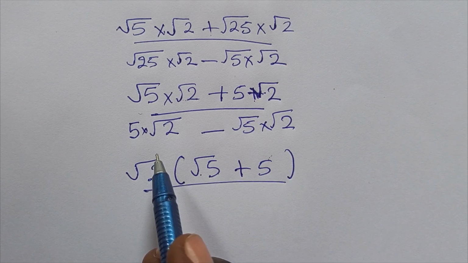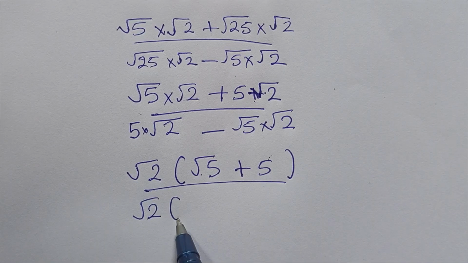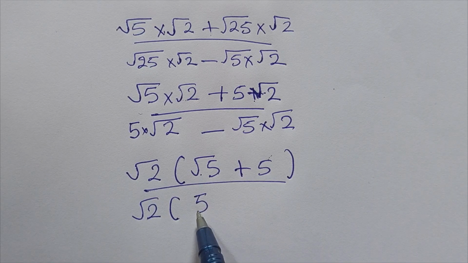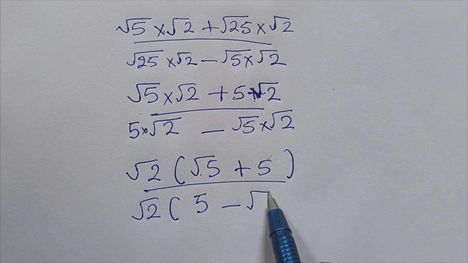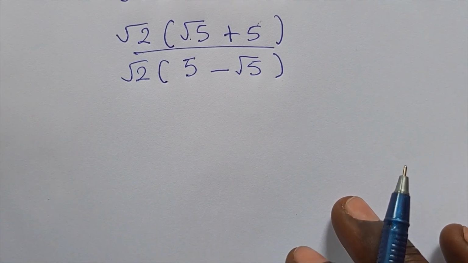All over, same here, root 2 is common, so we are left with only 5 here, minus, if we factor root 2 from here, we are left with only root 5. So this is what we have.